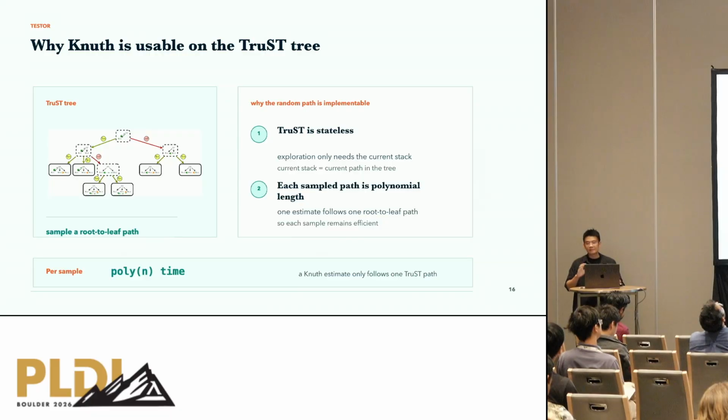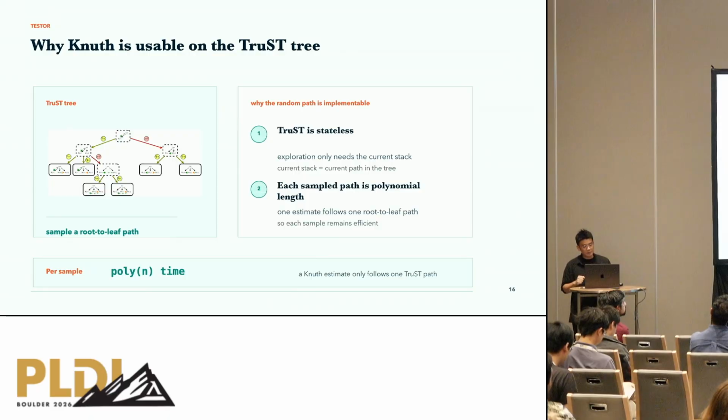So it does not use exponentially much memory. Its exploration only needs the current stack. And the second thing we need to argue is that this tree is not exponential in the size of the program execution, and it's a classic result of the Trust algorithm that the depth of the Trust tree is at most polynomial in the program bound.